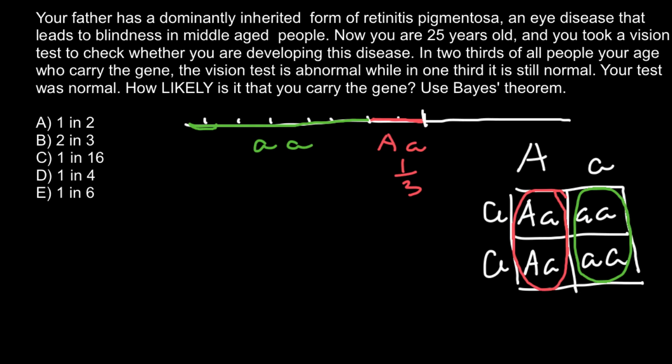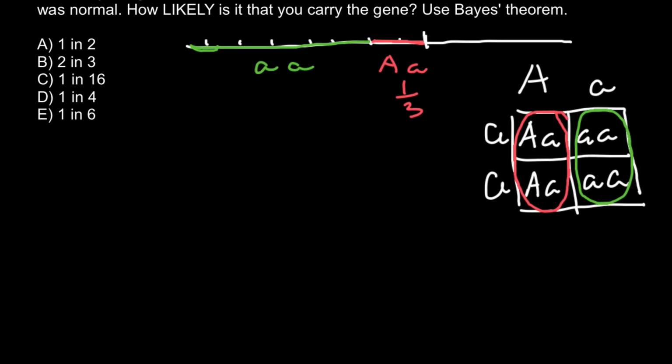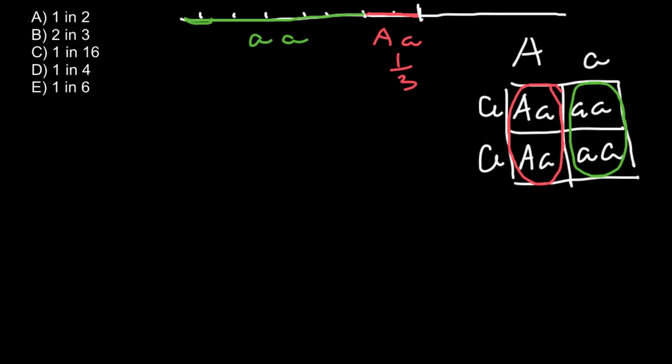Now, in order to solve this problem, we need to build a table. In this table we would have 2 rows that represent two assumptions. The first assumption would be that the person is a carrier of this genetic disorder, of this defective allele, and the second assumption would be that this person is normal.